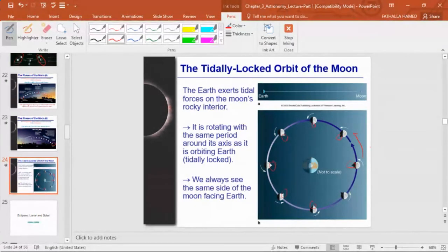So we say the rotation of the moon around its axis is equal to the revolution of the moon around the earth. And that's why we're always seeing the same feature of the moon. It's for this reason.